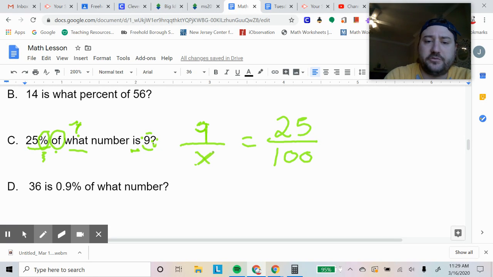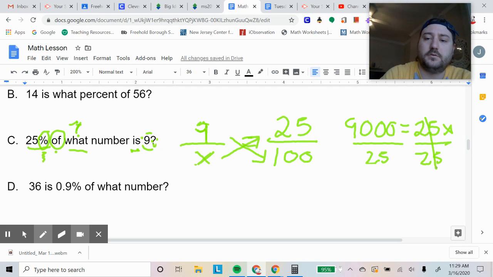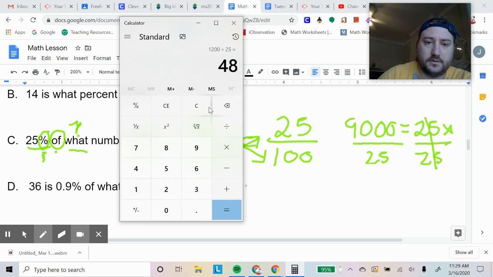And then we're going to cross multiply, right? Multiply here and here, and we get 9,000 is equal to 25x divided by 25. And you get, let's see here, 9,000 divided by 25 equals 360.